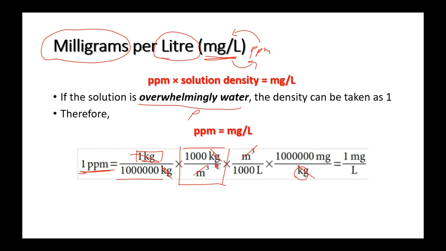So it's just simple dimensional analysis, and then what we're left with is milligrams in the numerator, liters in the denominator, and the thousands cancel out, and the millions cancel out. And so there's your evidence, there's your proof that 1 part per million is 1 milligram per liter.